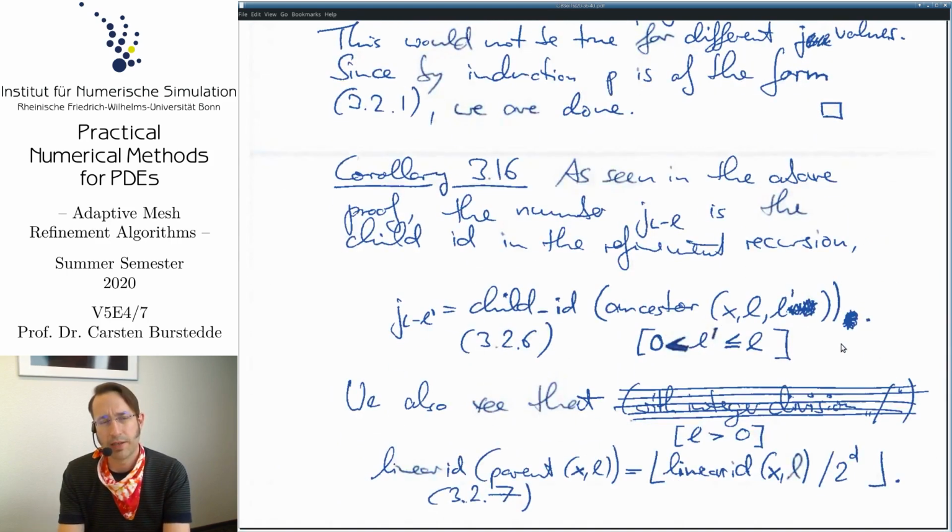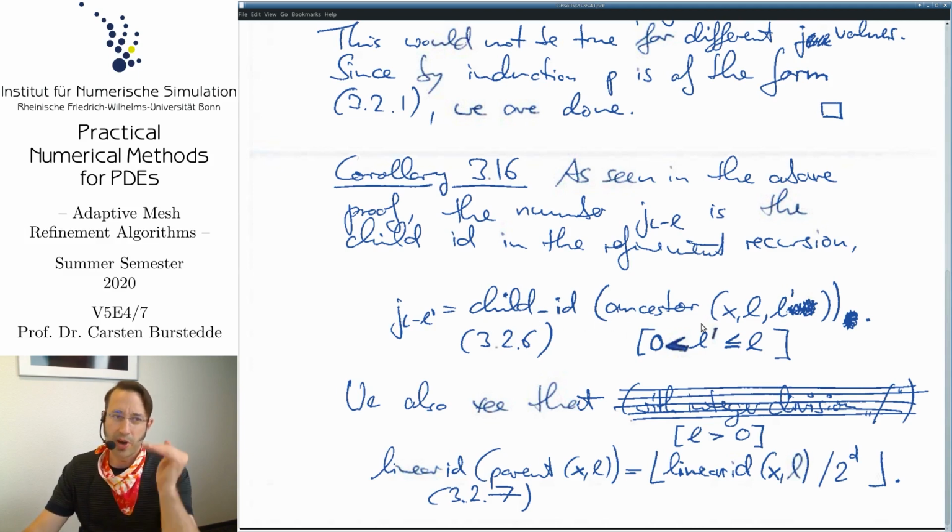This is actually quite easy to do. So validity is equivalent to an element being a child and a child so on of the root with well-defined numbers. Those numbers are always a child ID, as you could see in the proof. Let me write this down explicitly. So j big L minus little l prime is always the child ID of that respective branch of the tree, depending on how high we are in the induction.